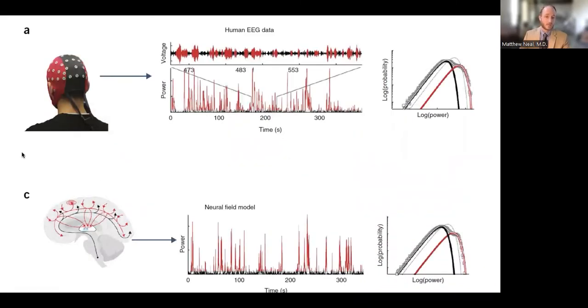And this is really cool because it actually shows, at the top, empirical data from resting EEG, which shows on the far right this bimodal, multi-stable distribution. You see the black curve and then the red curve, the two stable states, and the neural field model with the corticothalamic loop. Again, you've got the same degree of multi-stability and very similar spectral characteristics.